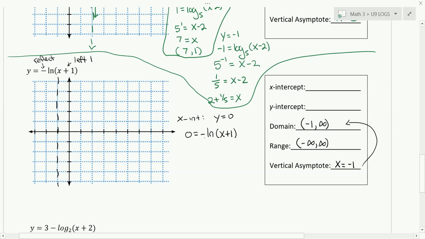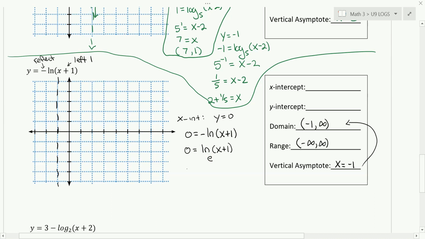So again, when you're solving for a natural log or any log, make sure the log is by itself. So that negative in front, we've got to get rid of the negative before we change it out of exponential form. We could do that by multiplying both sides by -1. Remember, it's base e.